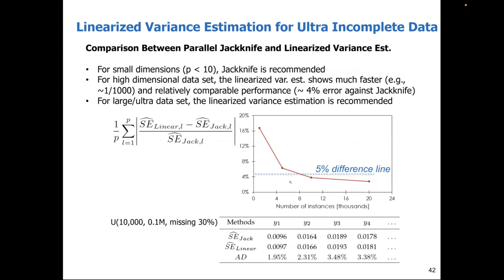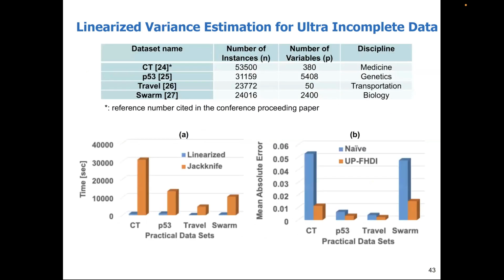For example, the horizontal axis tells you the number of variables. If the number of variables is less than 5, the error and inaccuracy is very high if you use the linearized technique. But with more than 10 variables, the difference between the jackknife, a very good variance estimator, and the linearized technique is less than 5%. It's very fast.